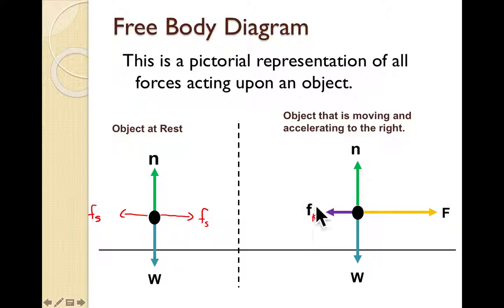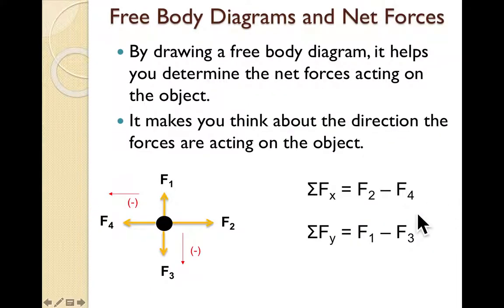This is a kinetic friction force, and kinetic friction forces only operate on objects that are moving. The weight vector, W, and the normal force are balanced. So there are balanced forces in the up and down direction, unbalanced forces in the side-to-side direction, with acceleration toward the right, since the unbalanced force is toward the right.